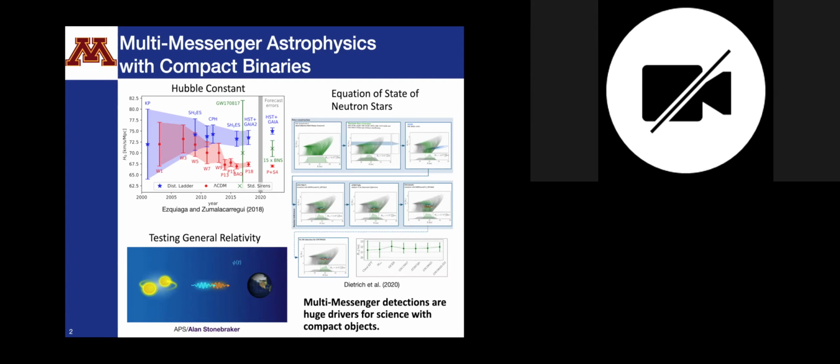As many of us know, there's an open issue in cosmology where, depending on how you attempt to do this measurement, you get different answers at the sort of 5 sigma level.